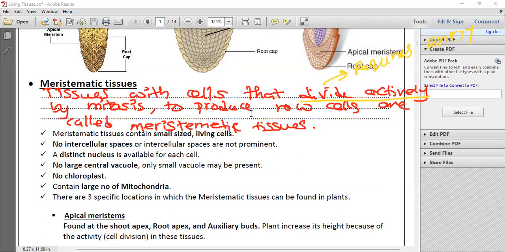So these cells should be given a good supply of energy, because they need much energy to carry out their function of cell division. Keep that in your mind, because these cells have some specializations to produce more energy. Right.